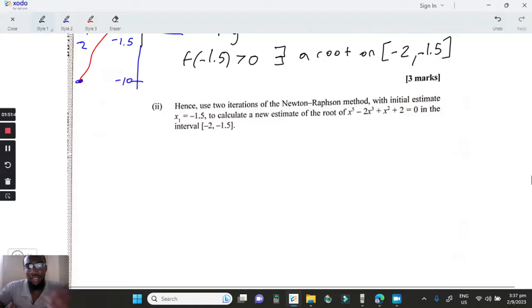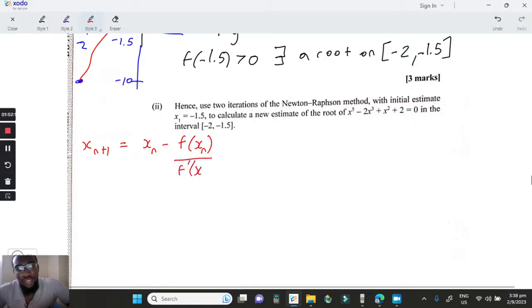Next part. Hence, using two iterations of the Newton-Raphson method with initial root as negative 1.5, we need to calculate the new root. The first thing we have to remember is the Newton-Raphson method: x n plus 1 is x n minus f of x n over f prime of x n.